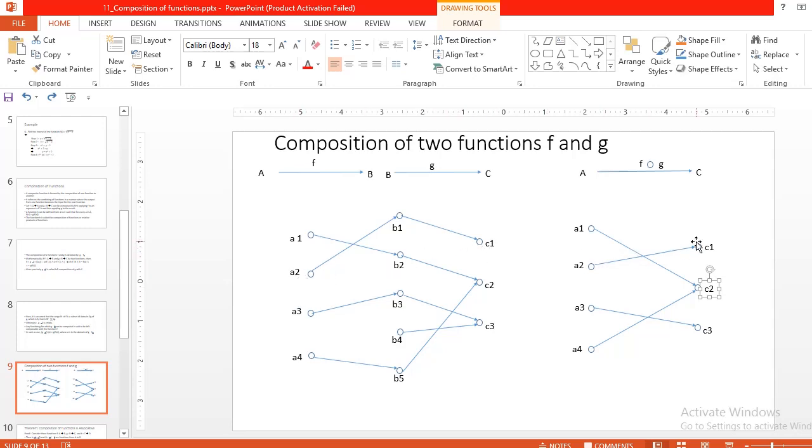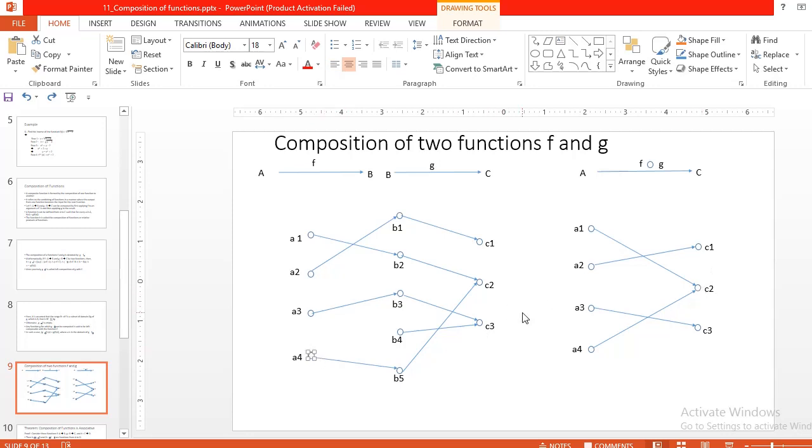Similarly, a3 maps to b3, after that b3 to c3. So the composition from A to C is a3 to c3. Similarly, for a4, f is a function from a4 to b5 and g is a function from b5 to c2. So the composition from A to C will be a4 to c2.